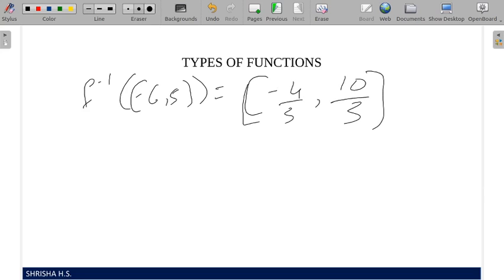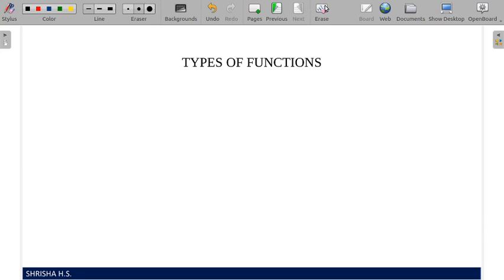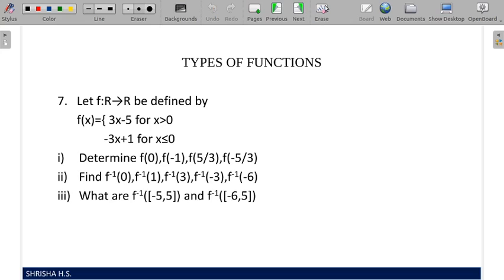This will be the answer. This was just an introduction to how functions work. In the next video we will talk about types of functions, which we are familiar with: one-to-one function, onto function, one-to-one correspondence, and so on. This is the end of the video for now.